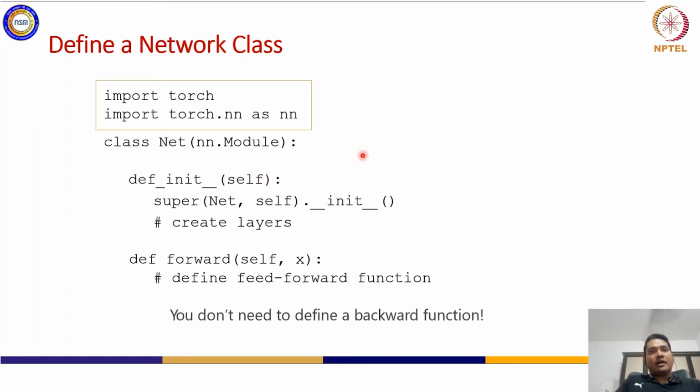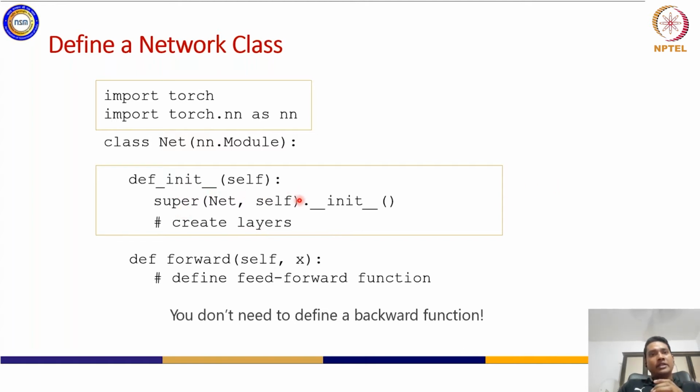And then we want to initialize the class itself. For that, you need to first initialize the superclass, and then in the initializer of this class, we will create the layers for our network model. So the layers we need for defining our model will be defined in this initializer for this class.